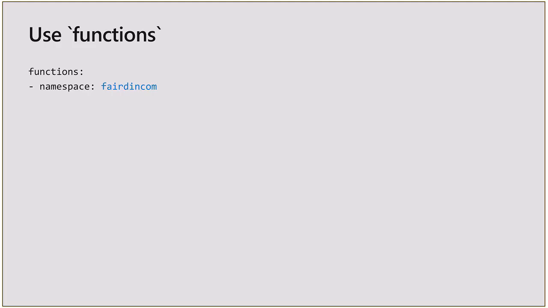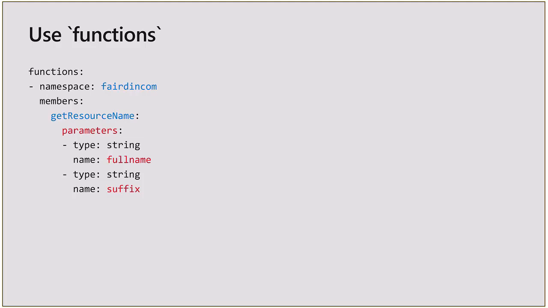There is a function section, and functions has basically an array object, and within each section it has a namespace, which avoids any sort of naming conflict. Each namespace has a list of functions. We can define them, and under each function it has a list of parameters and an output.